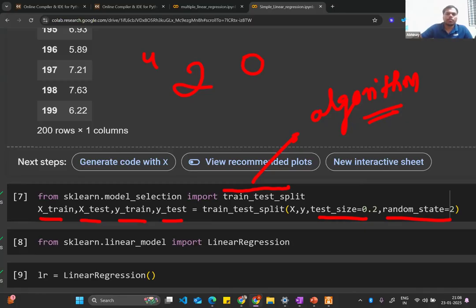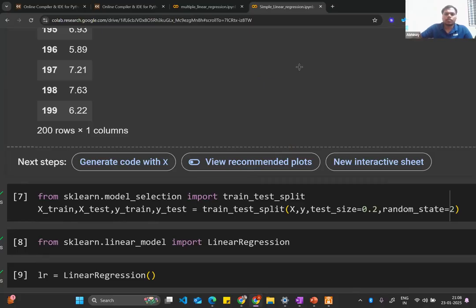Random state is nothing but this: suppose you have 4x amount of data, and you are just taking x amount of data for training. In that scenario your random state will be 0, because you don't want to change your data though you have 4x amount of data.